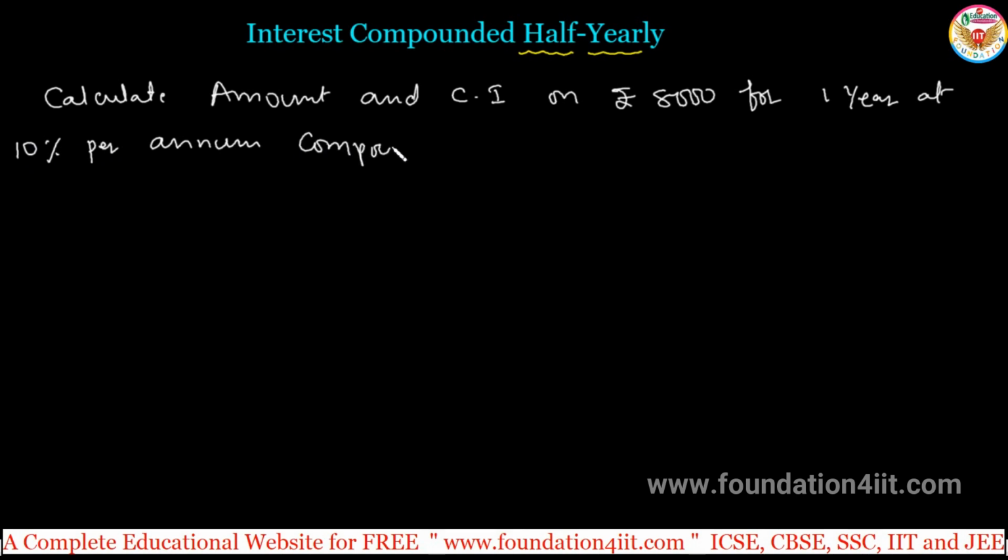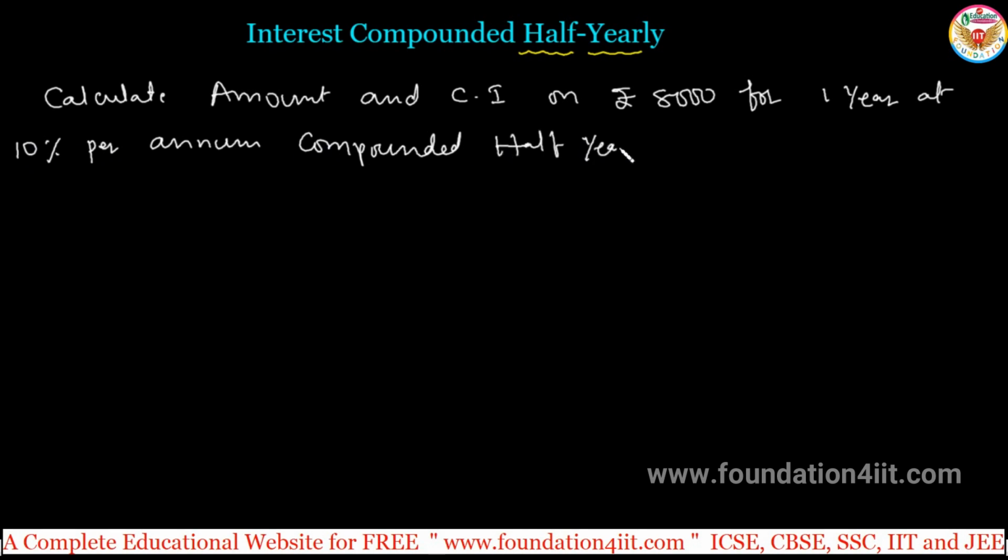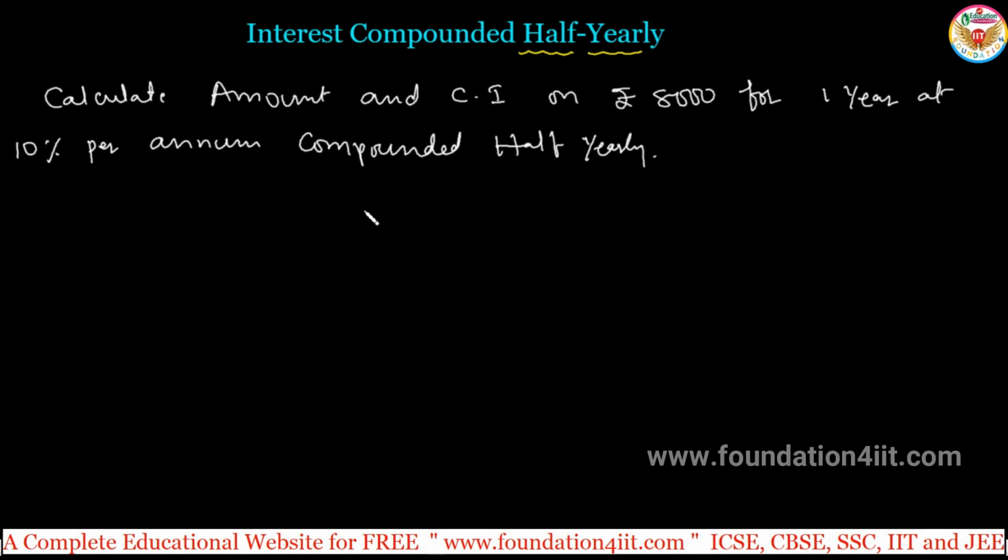This word is mentioned in this. Compounded half yearly. Yes. So half year means only 6 months. Every 6 months interest should be calculated and that becomes the principal for the next half year.